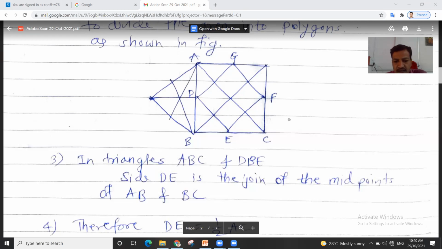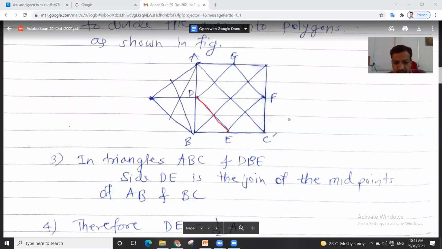Side DE is the join of the midpoints of AB and BC. We joined the midpoint of side AB and side BC, and this triangle DBE is formed. The large triangle is ABC.